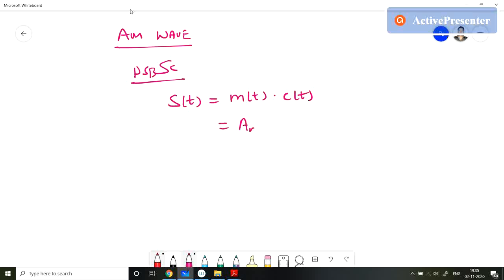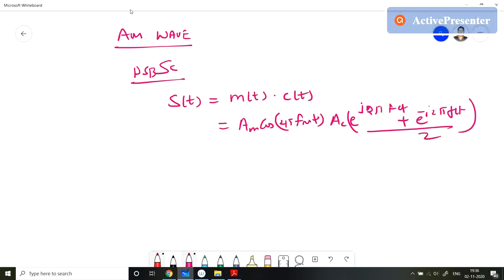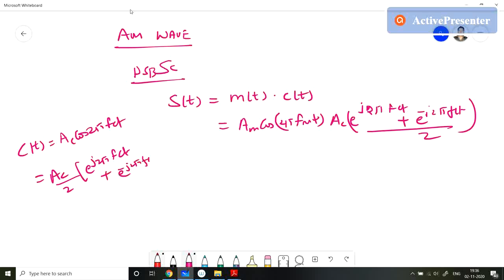The message signal is Am cos 2 pi fmt and the carrier signal is Ac cos 2 pi fct, which we have written as Ac by 2 times e raised to the power j 2 pi fct plus e raised to the power minus j 2 pi fct.